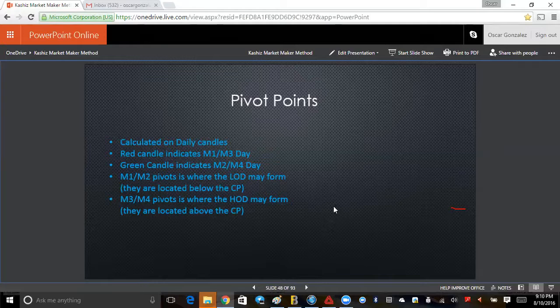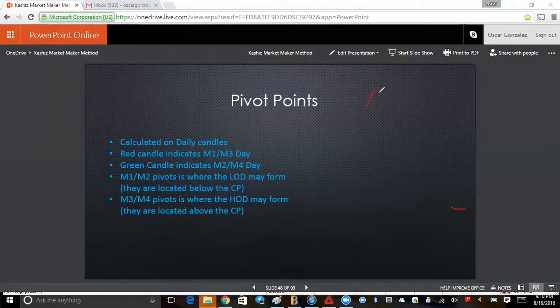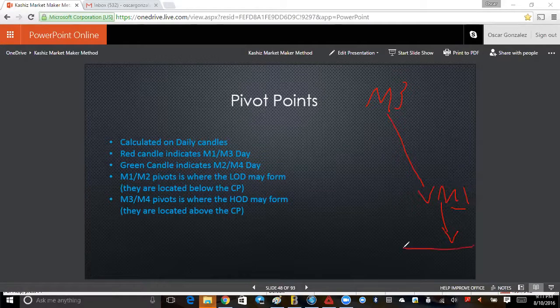Oh, and another thing: a break of one level is almost always certain to give way to the next pivot level. Example, if price came from the M3 and it went to the M1 and it broke past it, there will be another pivot somewhere around here. I think it's called the M0.